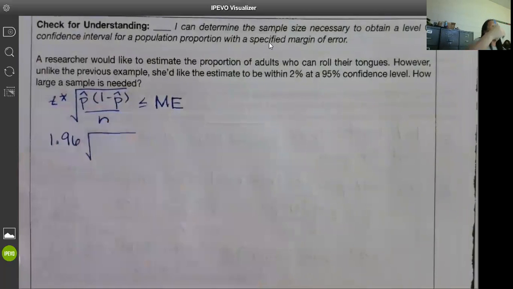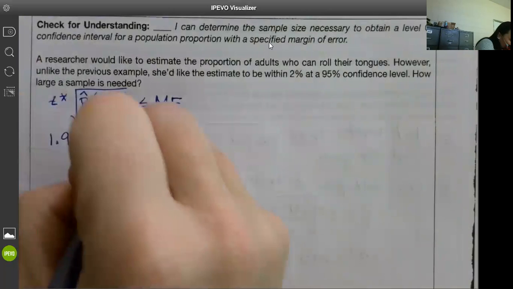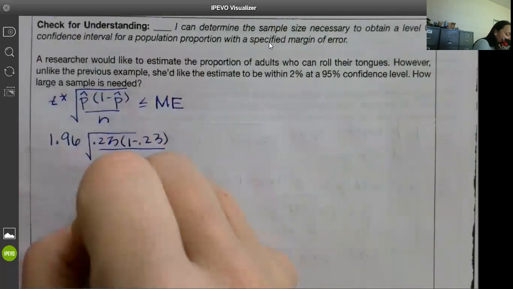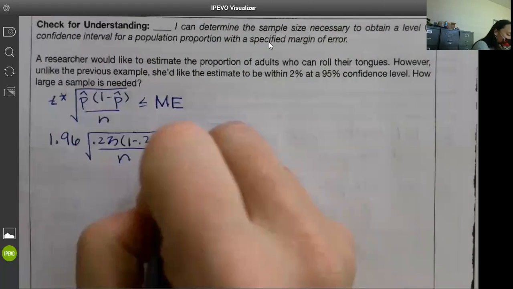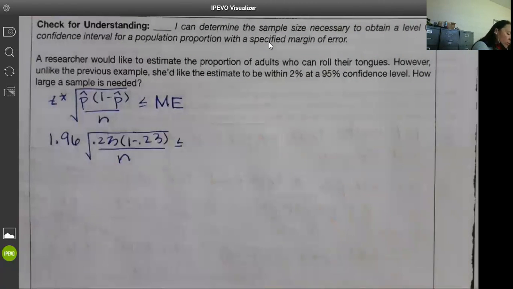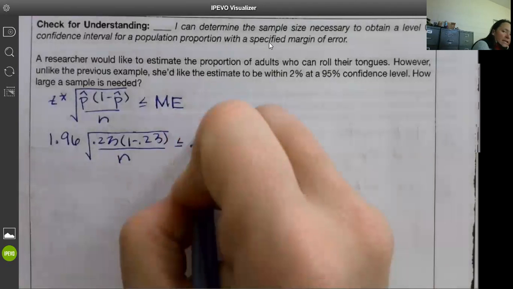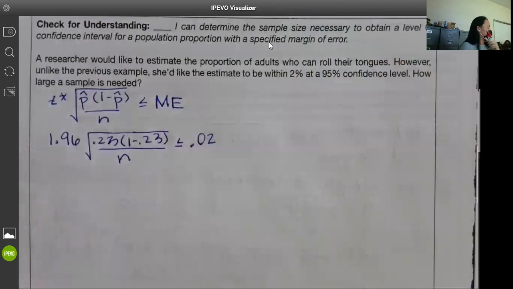Our proportion, this one I'm going to use our proportion from the other time, which was 0.23. And again, I'm only doing this because it's the same problem as the other one. So where did the 0.23 come from? It came from the other problem. Less than or equal to, and we want it to be within 2%. So what do I get at less than or equal to? 2% is 0.02. Okay, make sure you change it to 0.02.